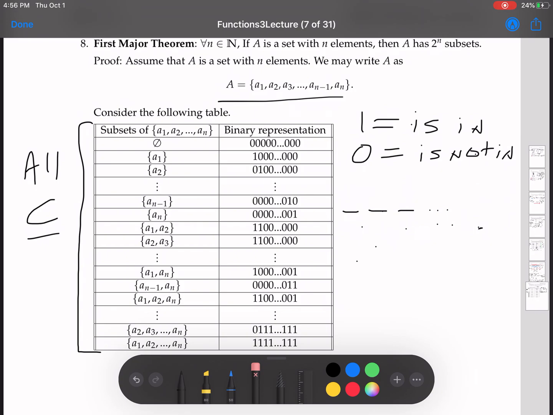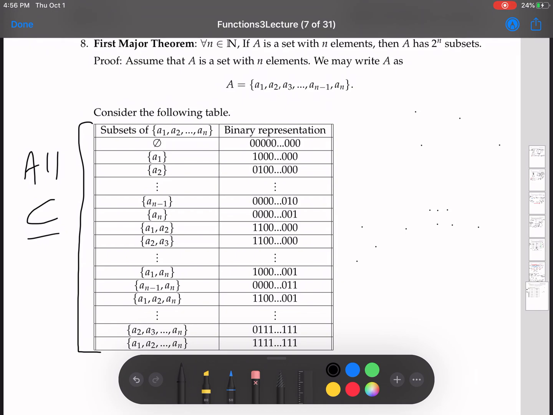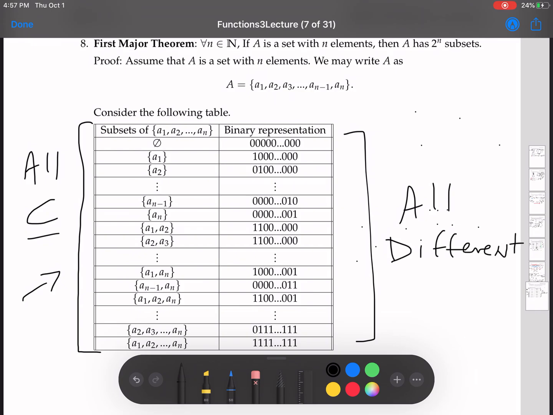All right, now I think you can see by the way that we make these codes that since all of these are different, if we write out all the different subsets of the set A, all of these are different.